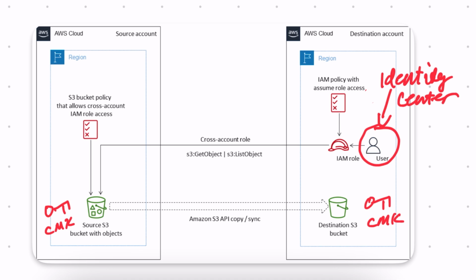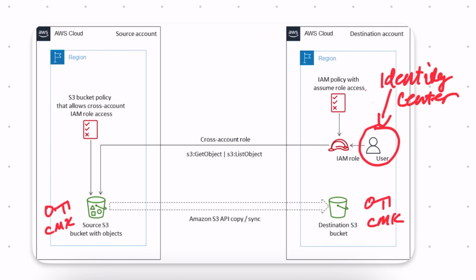Basically, the flow is our user in the destination account says, hey, I want to become this cross-account IAM role. AWS then checks if they're allowed to assume that role. That's what the IAM policy in the destination account dictates. If allowed, they temporarily gain the permissions of that IAM role.